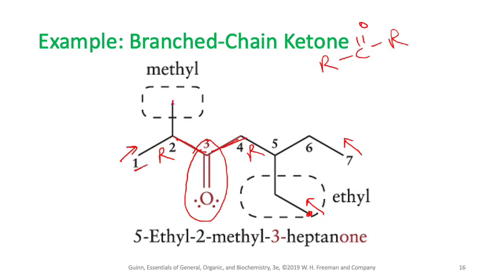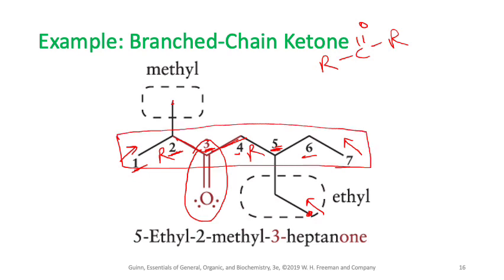Let's start from this side: 1, 2, 3, 4, 5. After 5, I can go down to 6 or 7, or go straight to 6 or 7. In this case we go straight, because if you have a choice, you should always go with the straight chain. Then this is our parent chain, the maximum number of carbons that I include.